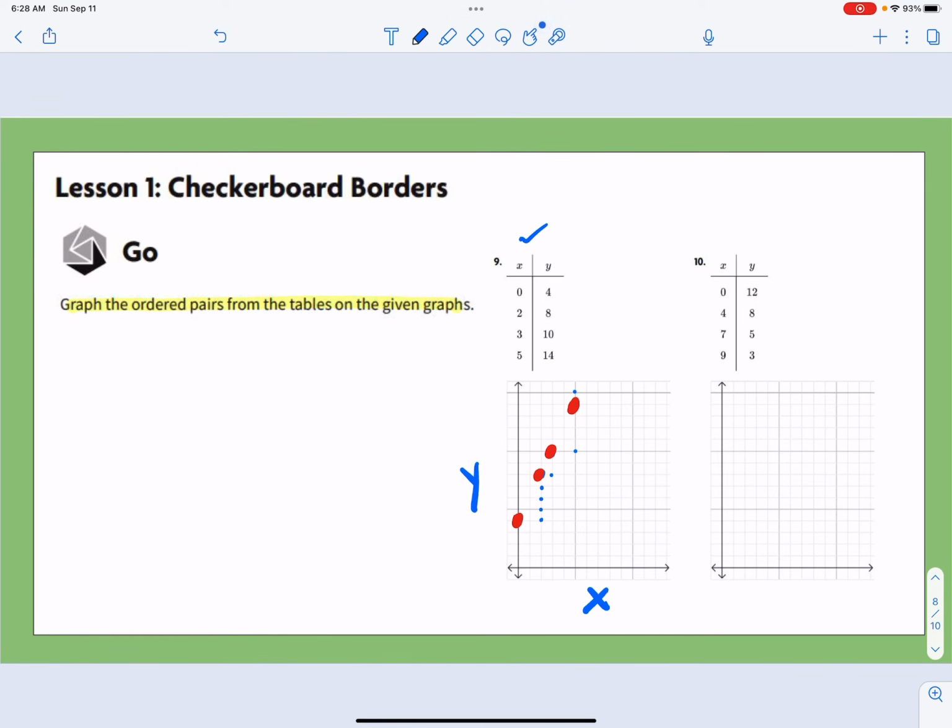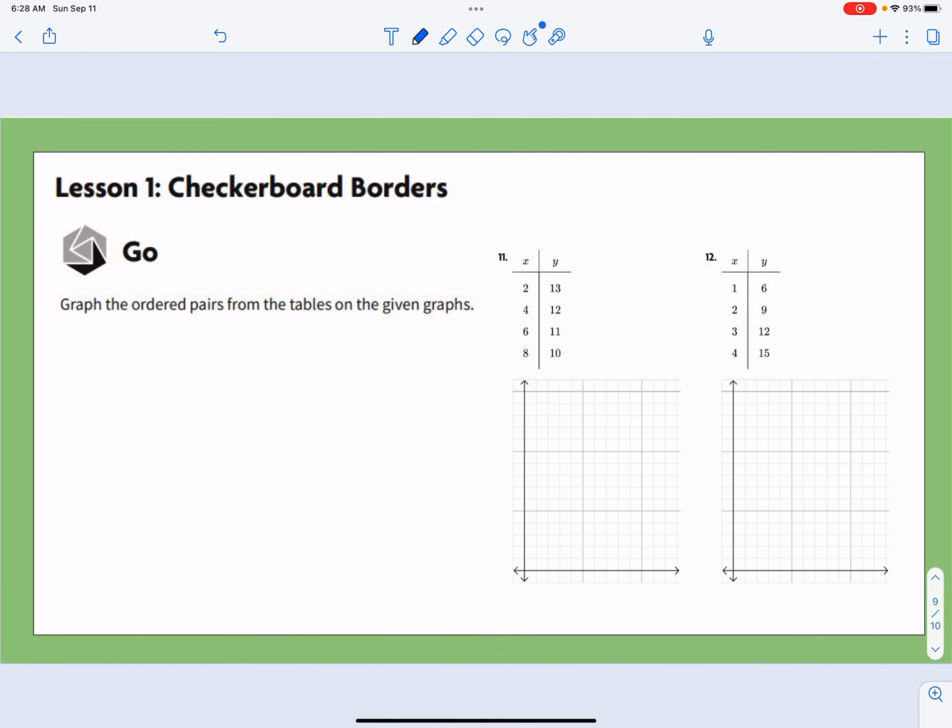Our first point is at 0, 12. So we're going to start here at 0 and go up to 12. This is 10, 11, and here is 12. Our next one's at 4, which is here, and 8. So it's 5, 6, 7, 8 is right there. We have 7, which is here, and 5, which is the darker line. And then 9 and 3 right there.